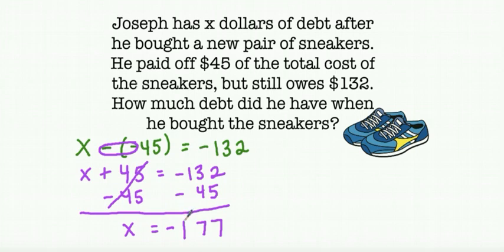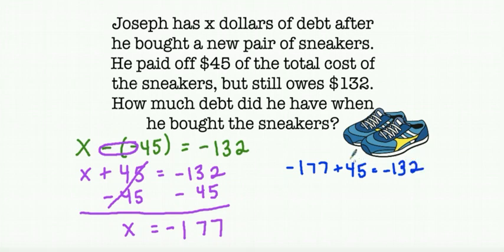So we know that his debt was $177, which was how much the sneakers cost. If we wanted to go back and check our work, we could do negative 177 minus negative 45, which is just plus 45, is equal to negative 132.